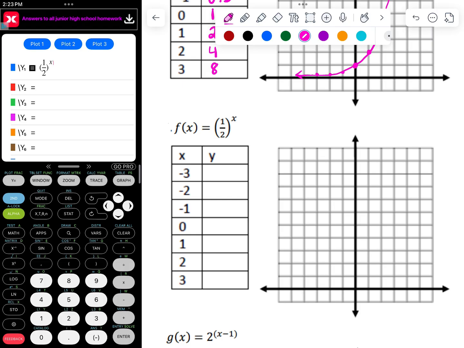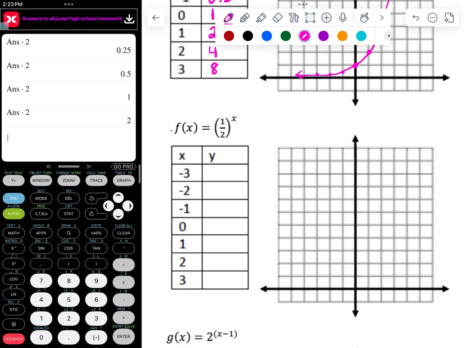and for some reason in my calculator, this question is not working for the moment. So you should be able to continue. But what we could also do is raise that 1/2 to the -3 power. Okay, so I'm going to raise that 1/2 to the -3 power, and that gives you 8.